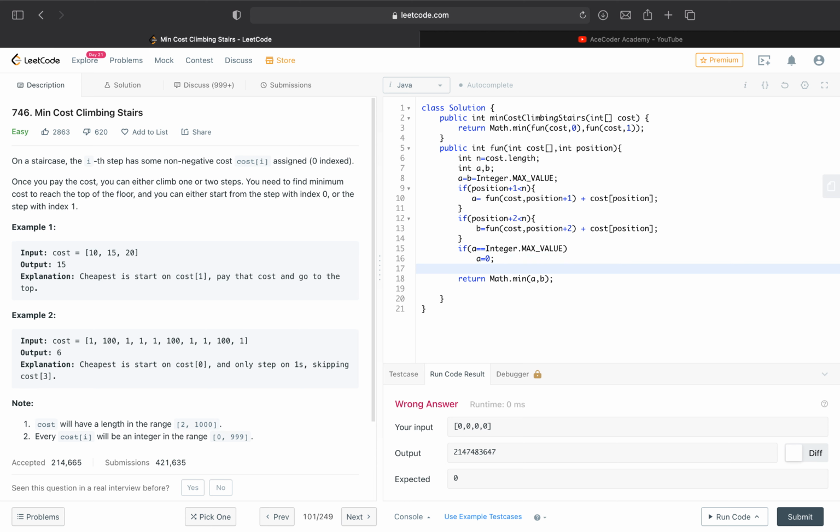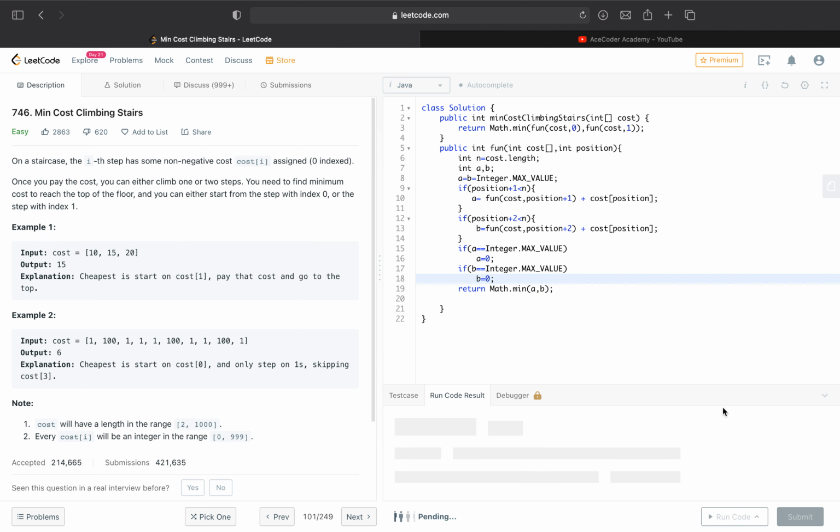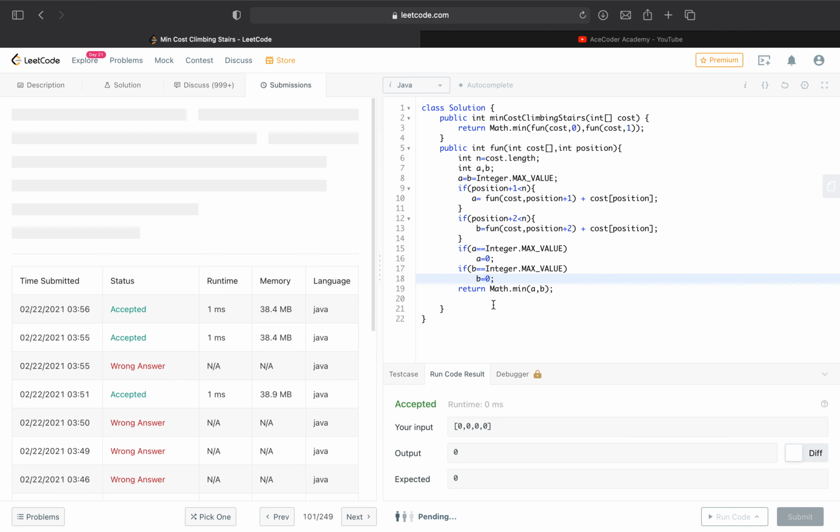Similarly for b, we will make it 0. Let's see if our code is working. Let's try to submit it.